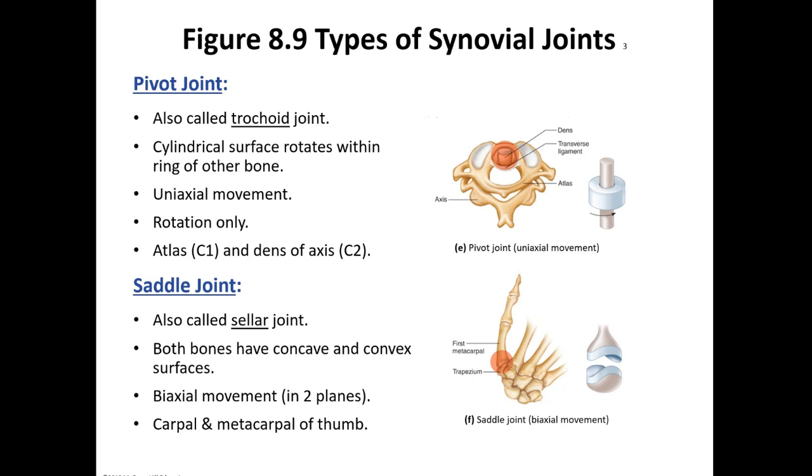And then when we looked at cartilaginous joints, we saw 2 types of joints in there, which are symphysis and synchondrosis. And then when we look at fibrous type of joint, we're able to look at suture, syndesmosis, and what we call gomphosis.